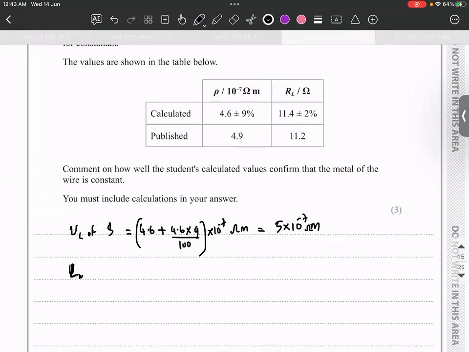Then the lower limit of rho. So what is the value of the lower limit? If you want to find the lower limit, the same scenario: 4.6 minus 4.6 times 9 divided by 100, times 10 to the power of minus 7 ohm meter.